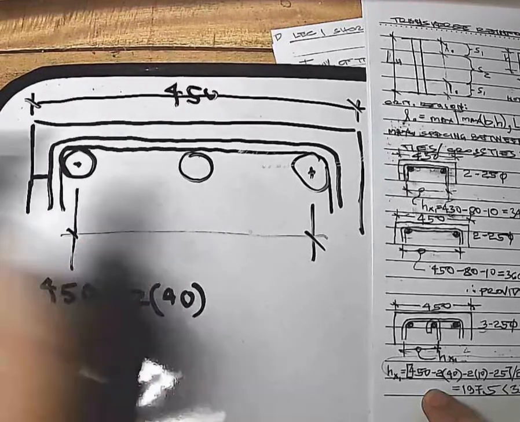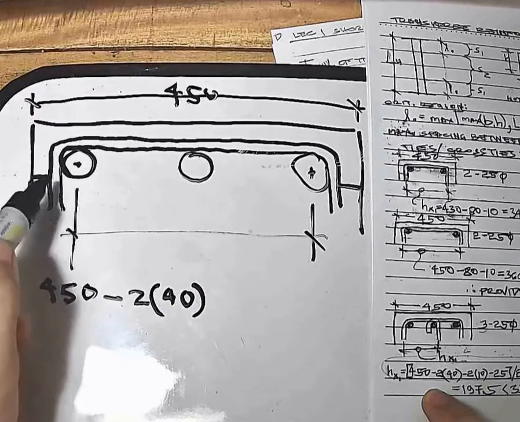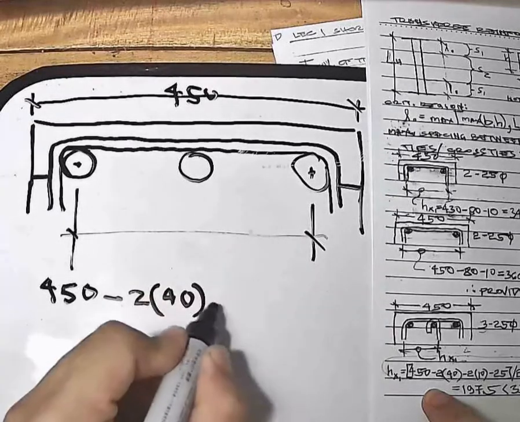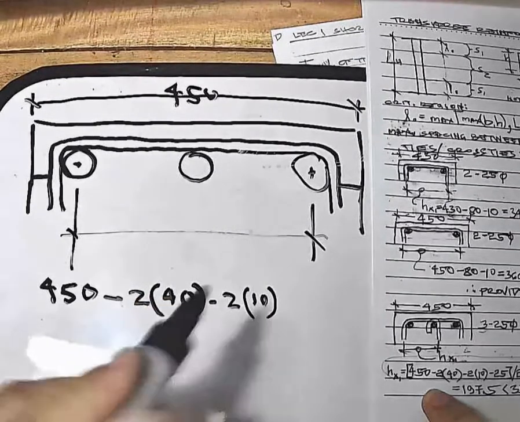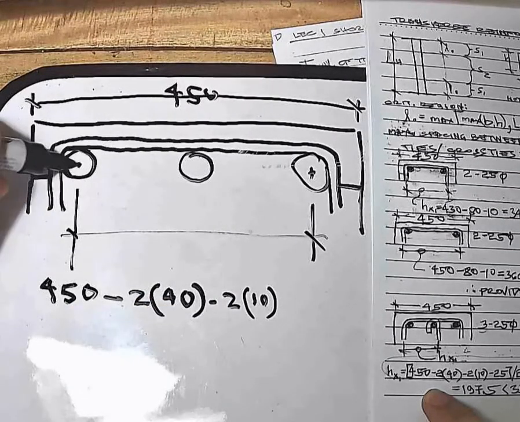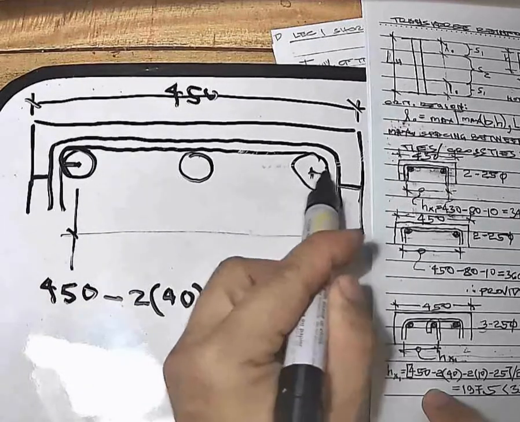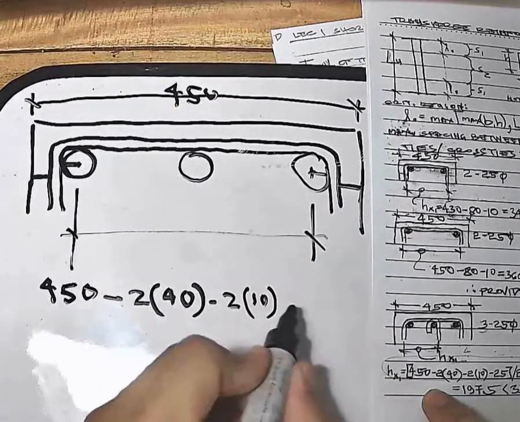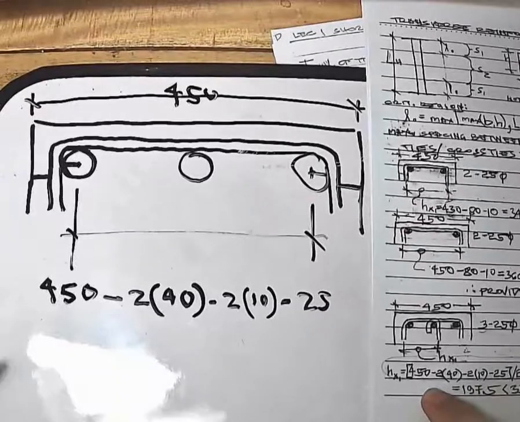Ayan. Okay. Tapos, ima-minus natin yung dalawang diameter of ties minus half of this rebar minus half of this rebar again. Or that is simply minus diameter of bar.